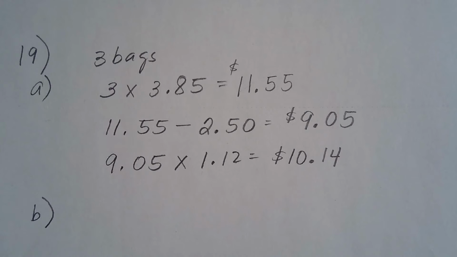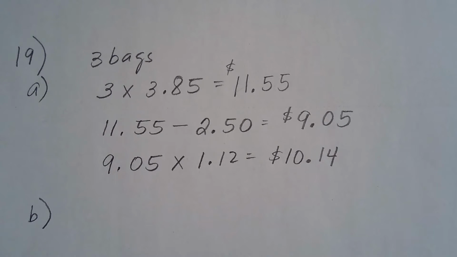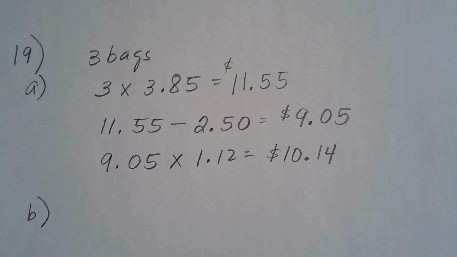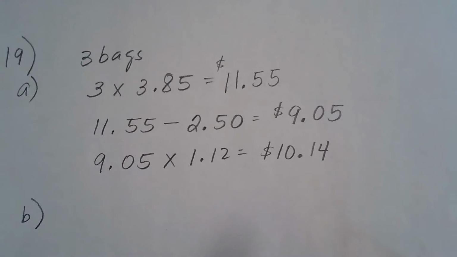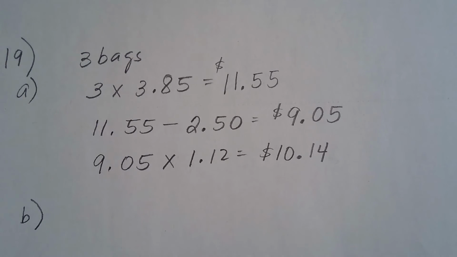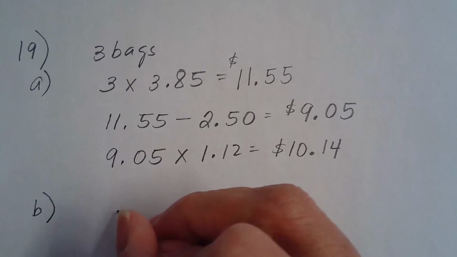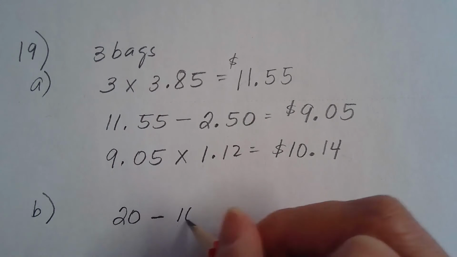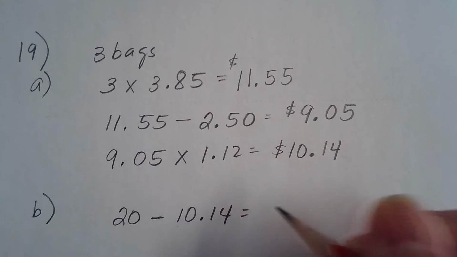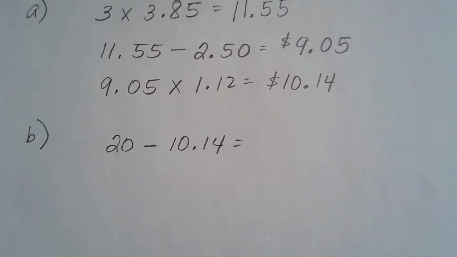19B says Clarabelle pays with a $20 bill. How much change will she get? The cost of the chips is $10.14. She pays with a $20 bill. How much is her change? So $20 take away $10.14. How much would that be?